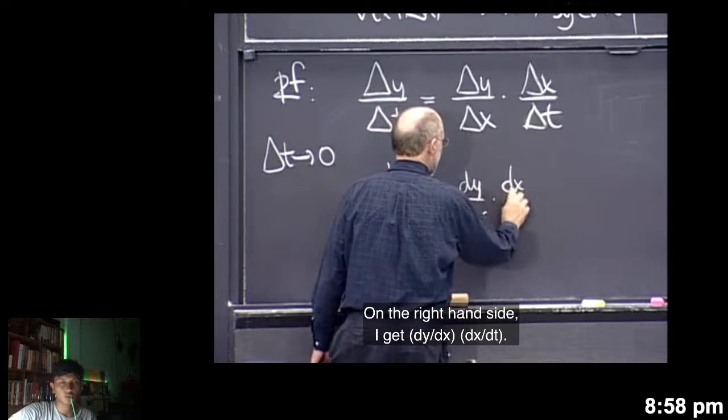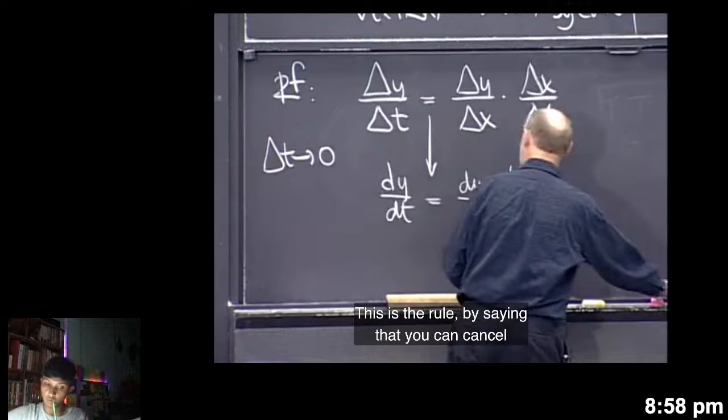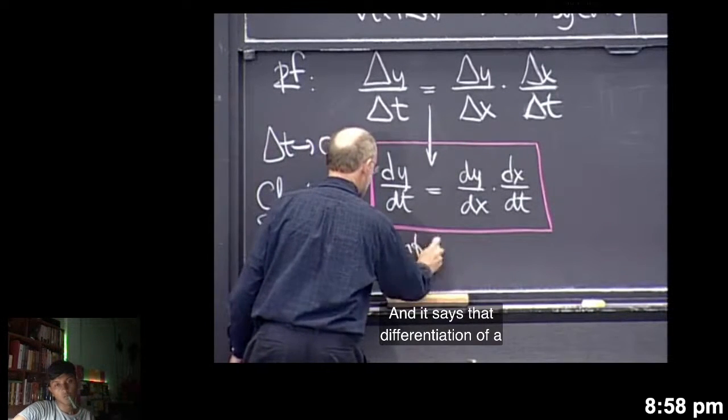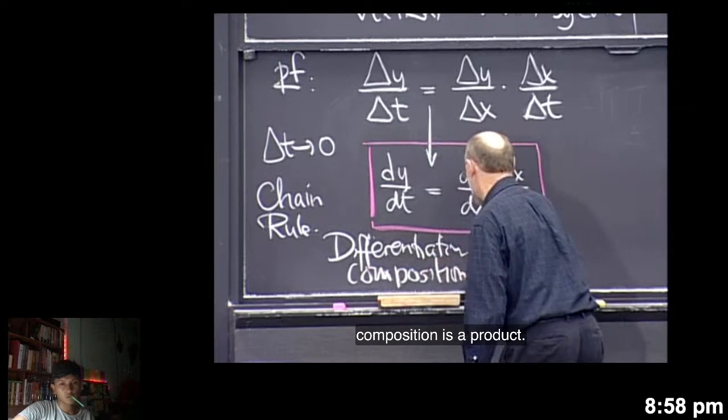So students will remember this rule. This is the rule. The derivative of a composition is a product.